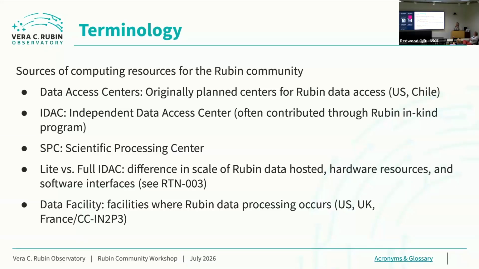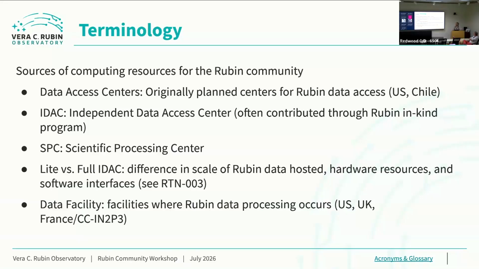The term scientific processing center is also sometimes used. These are places that are mainly focused on giving compute resources without a lot of data access or storage. And we basically have one example of that. And given their ambitions, they may actually start hosting some data as well, which would really make them an IDAC.